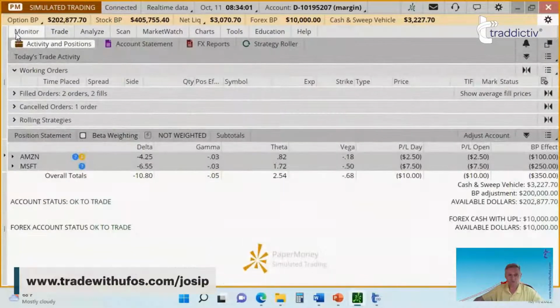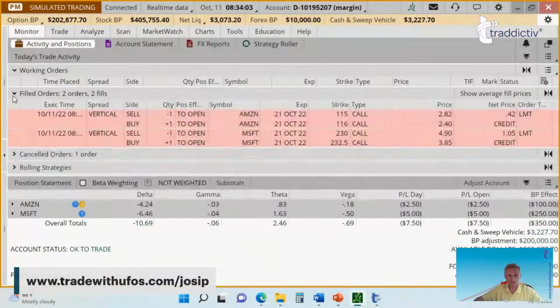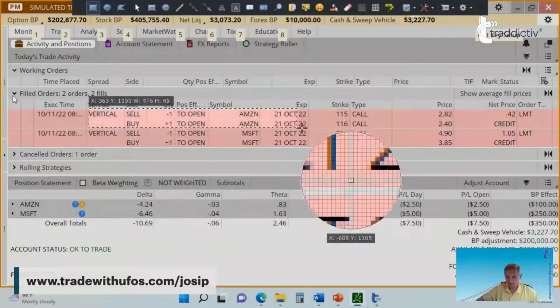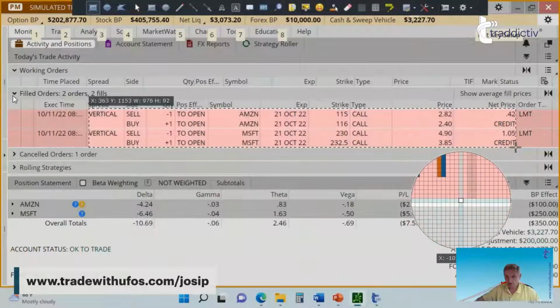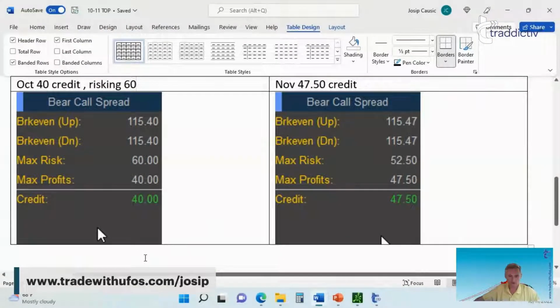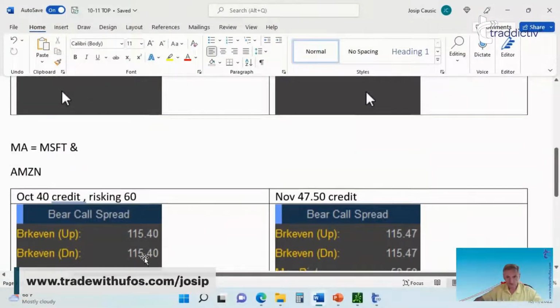So what I'm going to do with this particular trade, I'm going to put it in my document here so I can elaborate a little bit more with you about it and walk it slowly, explain it, and not rush it at all. So we have two trades.